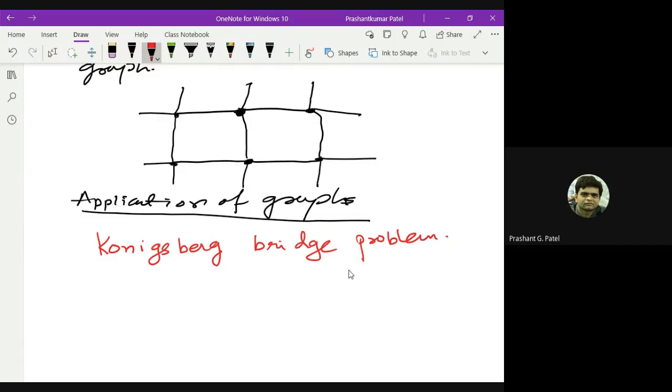Let us recall what this 7 bridge problem is again. Konigsberg is a city in Russia, and in that city there is a river.